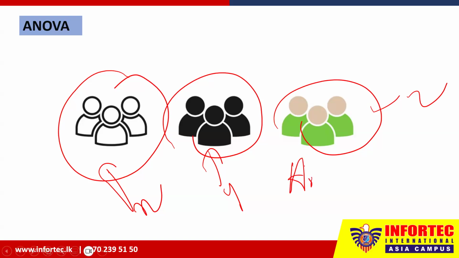Because another thing, okay, when you are considering this, what is the nature of those samples or groups? Is it independent or dependent? As an example, you are considering three villages. You are picking the students from three villages, village X, village Y, village Z. So my question is, are these three groups independent or not?